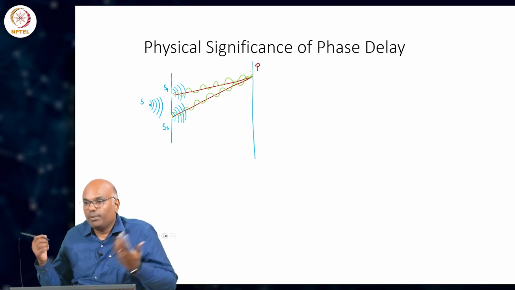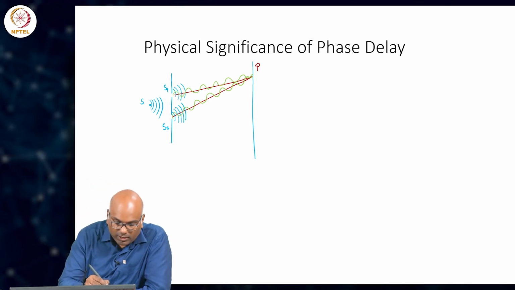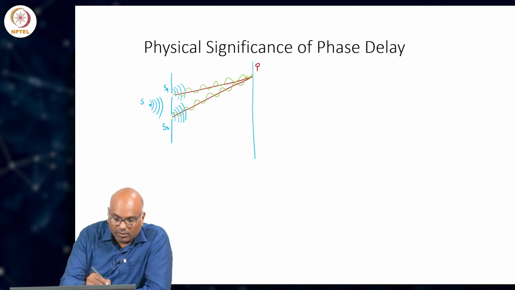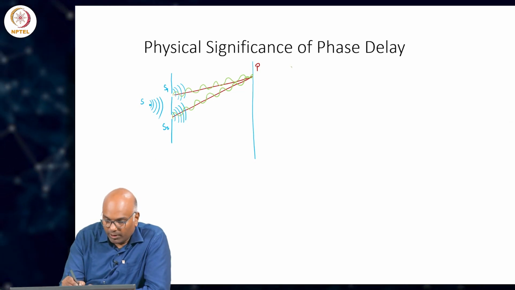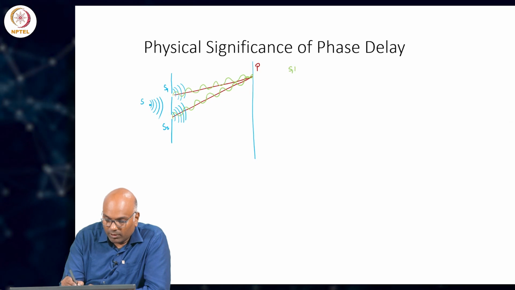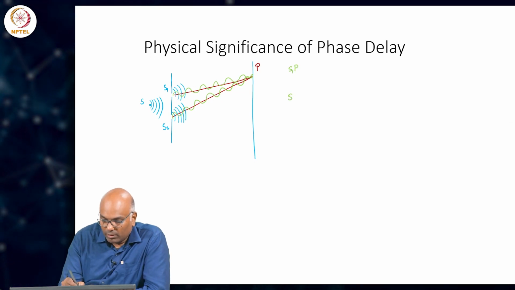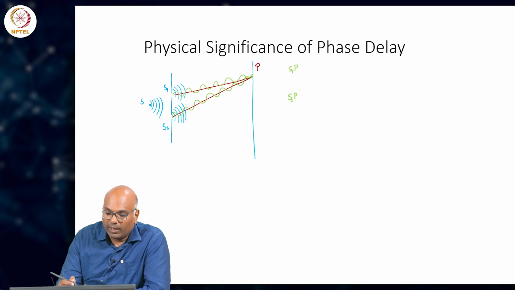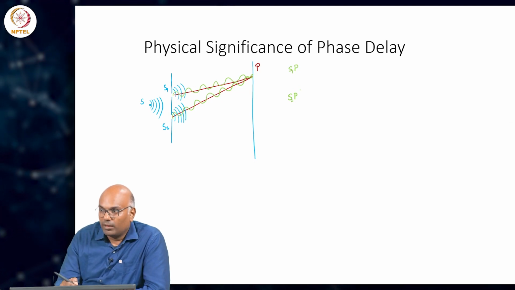So, let us simply do this little exercise. Let us count how many cycles contributed on the path S1P, and how many cycles did the wave make going from taking the path S2P.